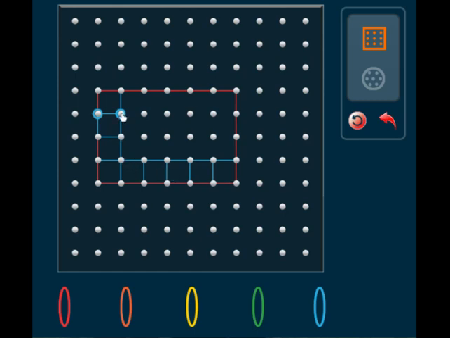So if I stretch my geoboard rubber bands clear across and make 4 rows, 1, 2, 3, 4, they should each have 6 in a row. So let's go ahead and draw that in.